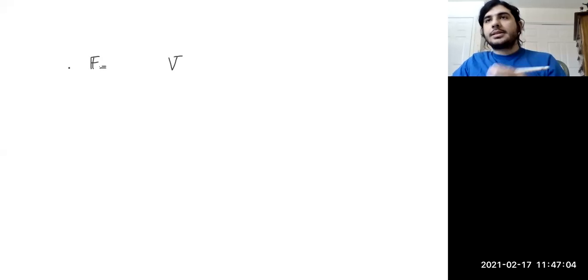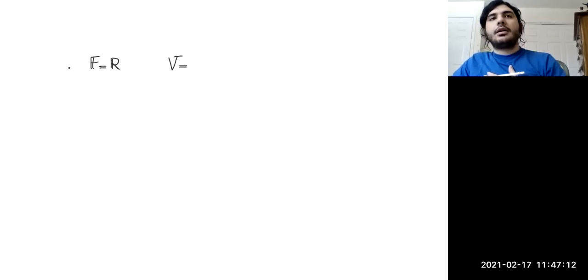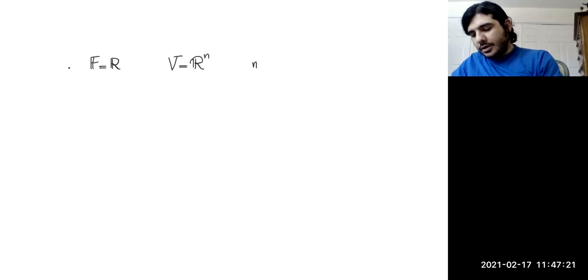So here, suppose our field is F and our vector space is V. So one very common example for our fields is R. And then a very common example of the vector spaces we work on are the Euclidean vector spaces, Rn, where n is a natural number. It's 1, 2, 3, etc.